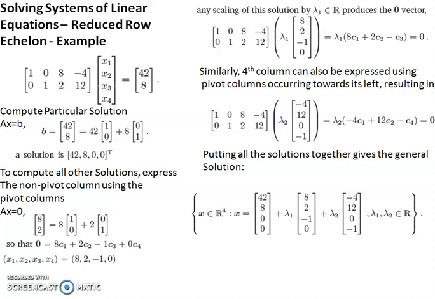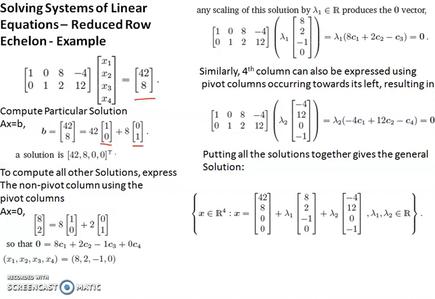So we can take a b that is 42, 8, and the pivot columns we can consider, that is 1 0 and 0 1.